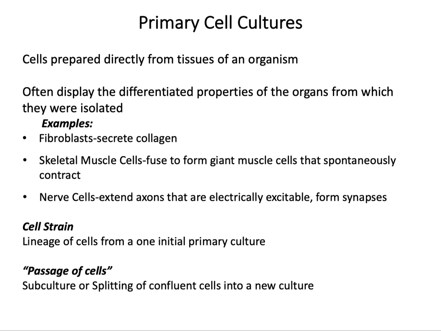All cells that will be derived from this initial primary culture by division will be the same cell strain. Now, as we grow cells in culture, the cells will grow and cover the whole surface of the culture vessel. This is called confluency. The primary cell culture will stop growing when they become confluent, which is known as contact inhibition. So at this point, if we do not split the cells into a new culture vessel, they will eventually die.